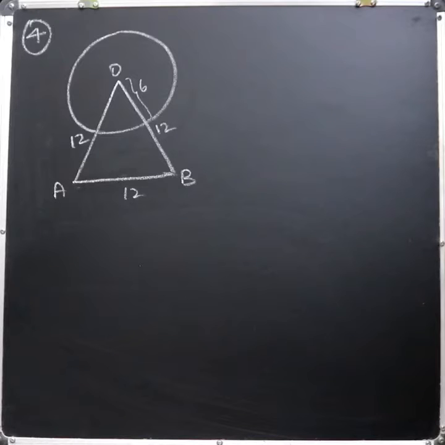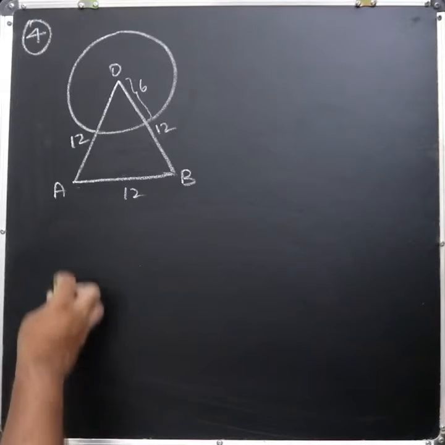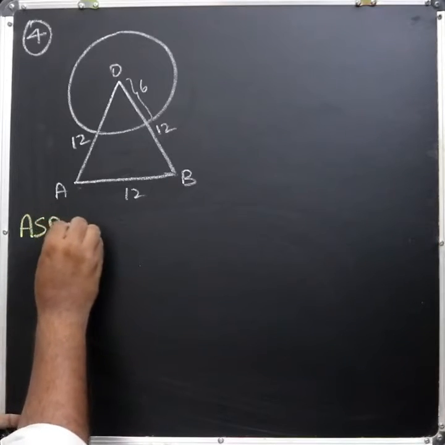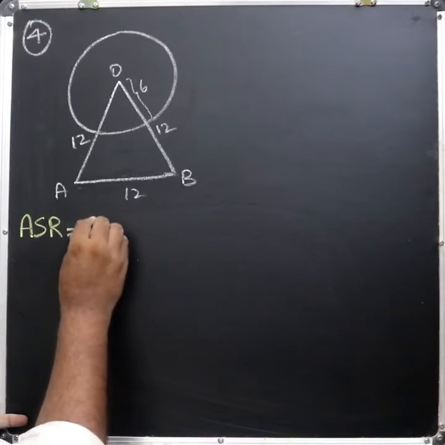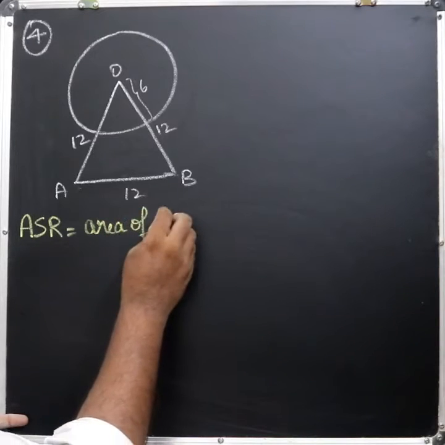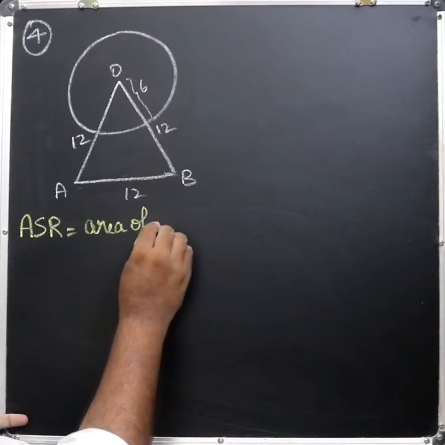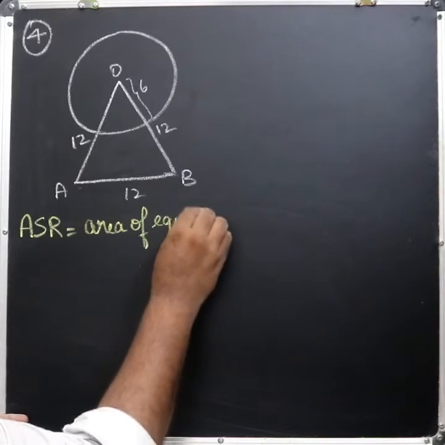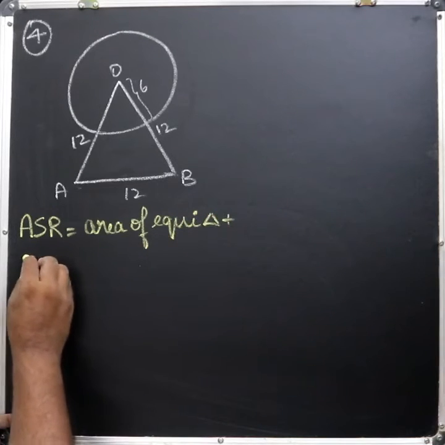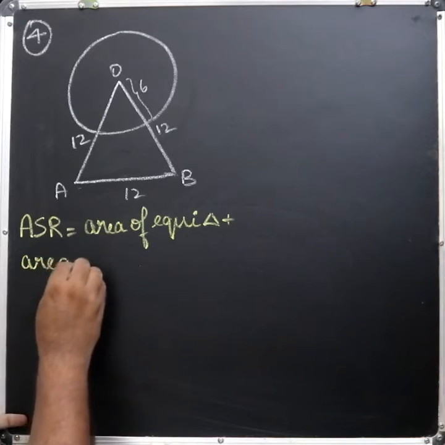So the area of the shaded region is going to be equal to the area of this equilateral triangle plus the area of the circle.